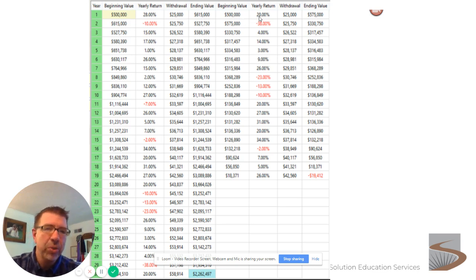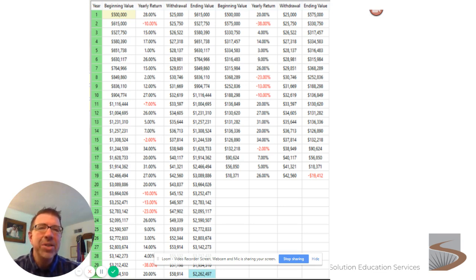What if I invert the returns on the right-hand side and end up with negative returns in the earlier years while still taking 5%? I actually run out of money in the 19th year of retirement, versus having over $3 million at the end of retirement. That's a huge difference.